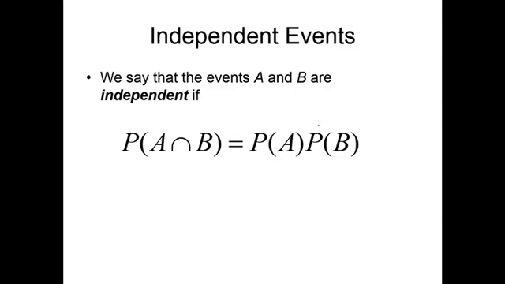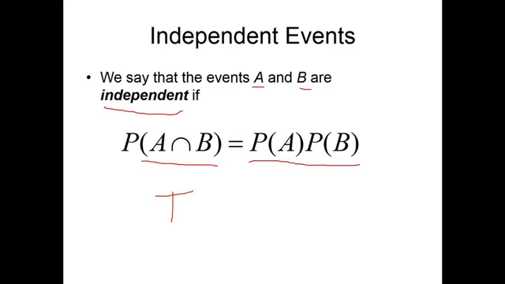Independent events. We say that the events A and B are independent if the probability of A intersection B is equal to the probability of A times the probability of B. Now, this is not a formula that always works. This is a test.